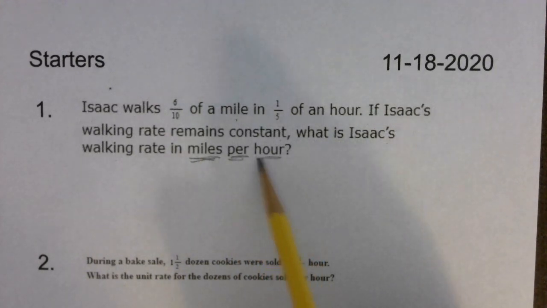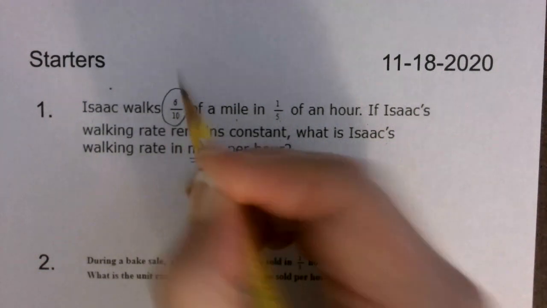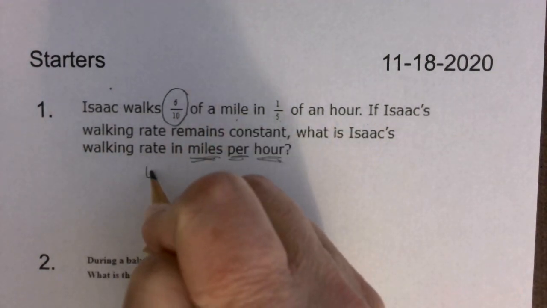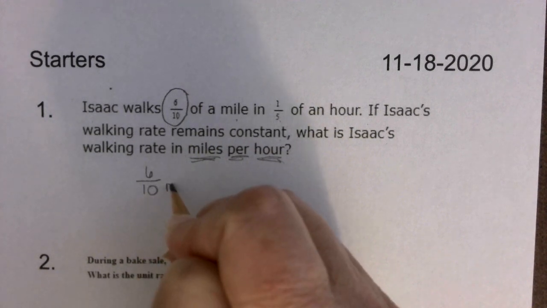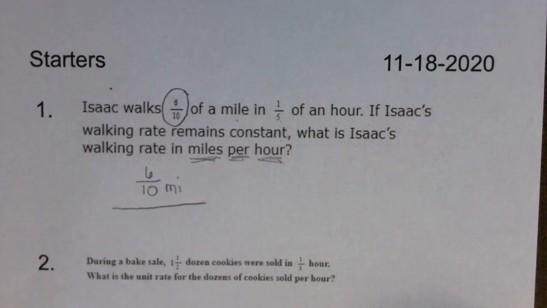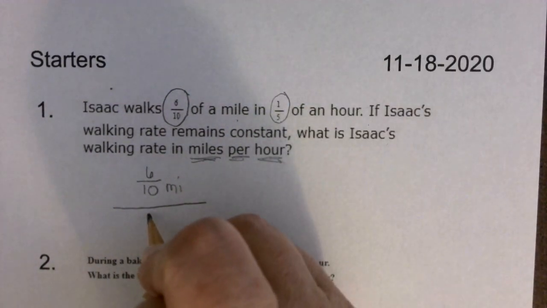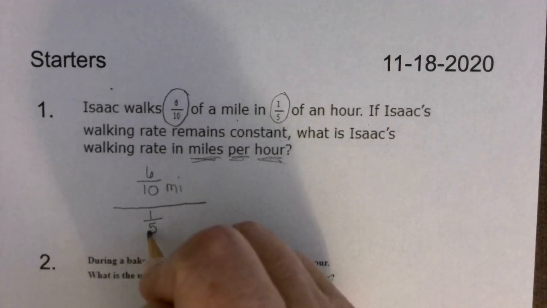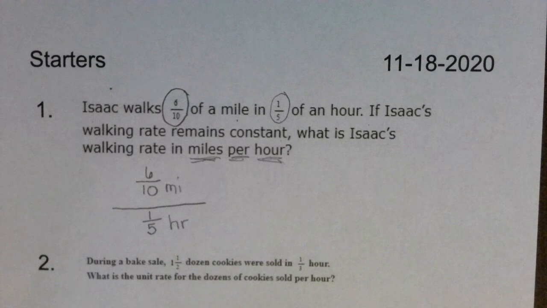Which means my miles goes on top, and this is kind of funny because it's going to look weird, but 6/10 of a mile, and then we're going to make a proportion still, and then the hour goes on the bottom. So 1/5 of an hour goes on the bottom.